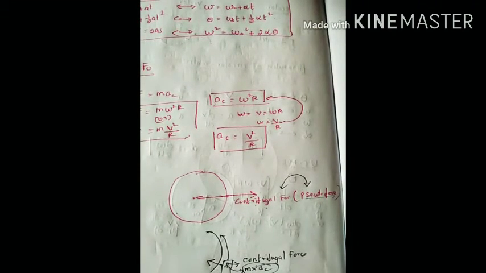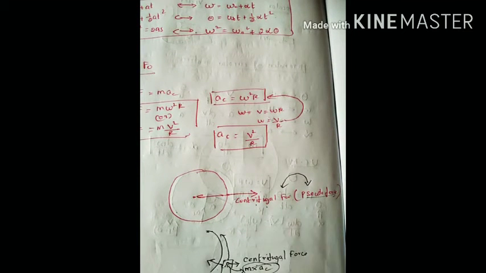The acceleration is the same; the only different thing is the mass. Don't be confused that centrifugal force is the opposite of centripetal force. It's actually a pseudo force. Okay, that's it. We completed what centrifugal force is. That's all.